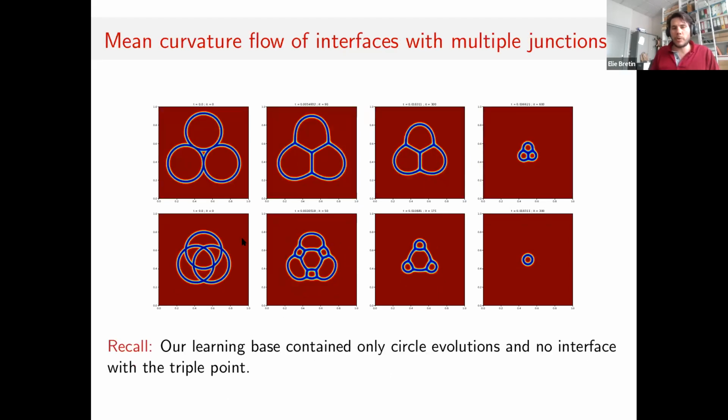The interest is that now you can apply your neural network scheme where the initial condition admits some singularity. I recall here that in our learning base, we have only considered some evolutions of circles and not interfaces with triple points. And what is very interesting is that we observe that the triple point appears to be stable and also satisfies the Herring condition, even if we don't help the neural network to satisfy this property.